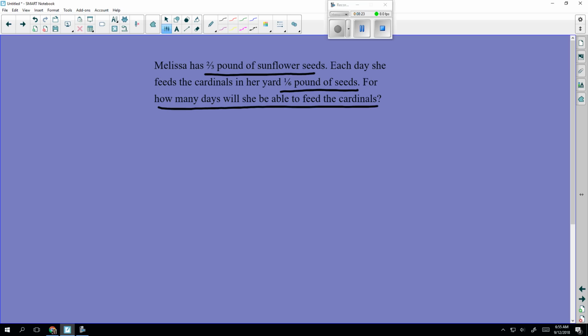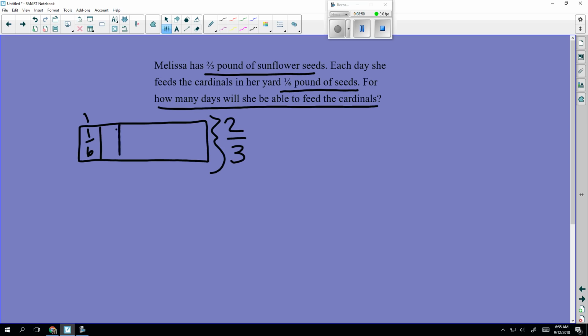Okay, so if I start with a picture, I know, what does she start with? Melissa has what? Well, she has 2/3, right? So this whole amount here is her sunflower seeds, 2/3 pound. Each day she feeds the birds 1/6 of a pound. And that's just like one day, right?